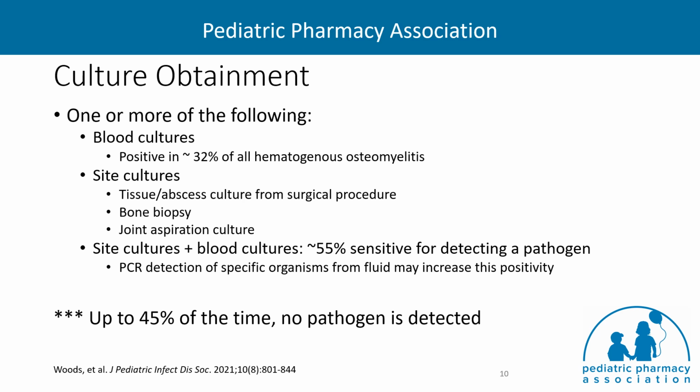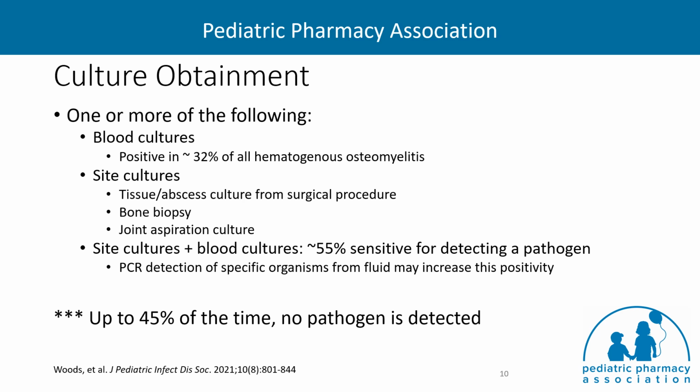This could be tissue or abscess culture if there was some surgical procedure done to get rid of an abscess or cut out some bone. And again, bone biopsy, similar to the tissue, but directly on the bone to see if there's anything growing in there. And if it's arthritis, you're going to get it from the joint itself. They aspirate it and pull out fluid and are able to get cultures that way.